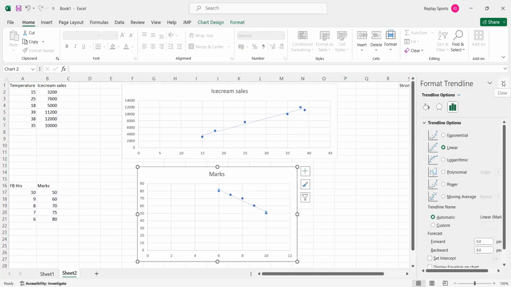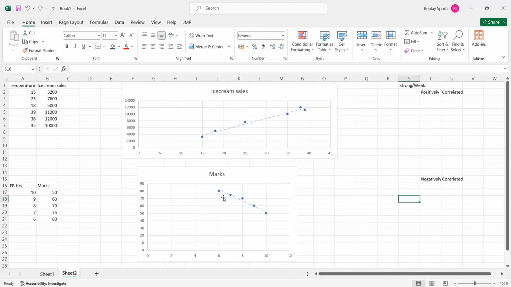So when these dots are closer to the trend line, we say they are strong. They are strongly positively correlated. So temperature and ice cream sales are strongly positively correlated. Here also they are closer to the line, so we say they are strongly negatively correlated.